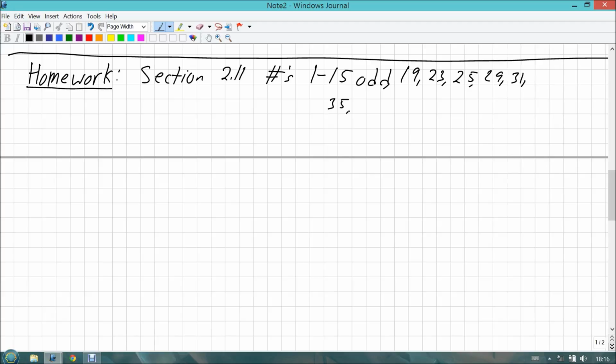No, it's an even. There we go, 37, because we need word problems. 39, because you need to learn how to do estimations really fast. And then 45, 47, and 49. So 45, 47, and 49.